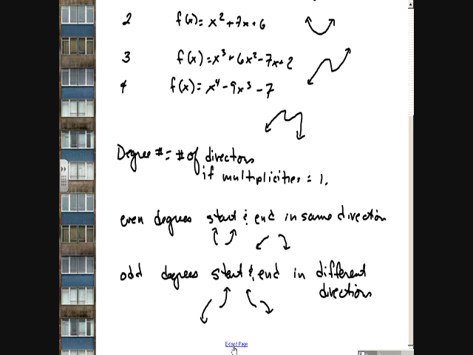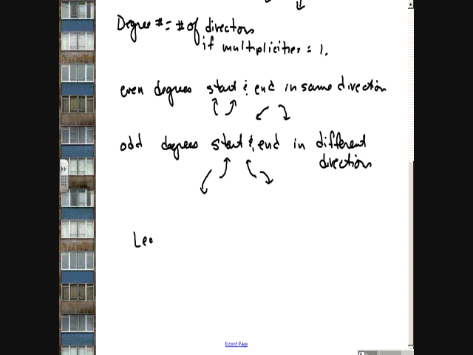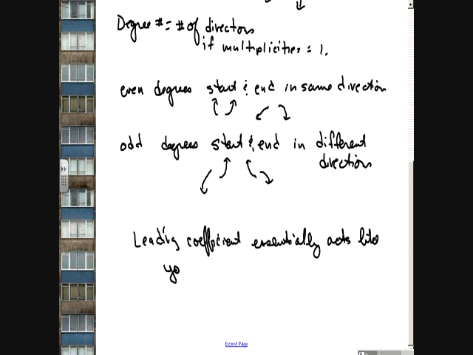Your leading coefficient essentially acts like your slope. So if it's positive, you're going to end up like this if it's an even degree, or like this if it's an odd degree. If it's negative, then it's going to start from the bottom and end on the bottom on even degrees, and it's going to go downhill if it's odd.